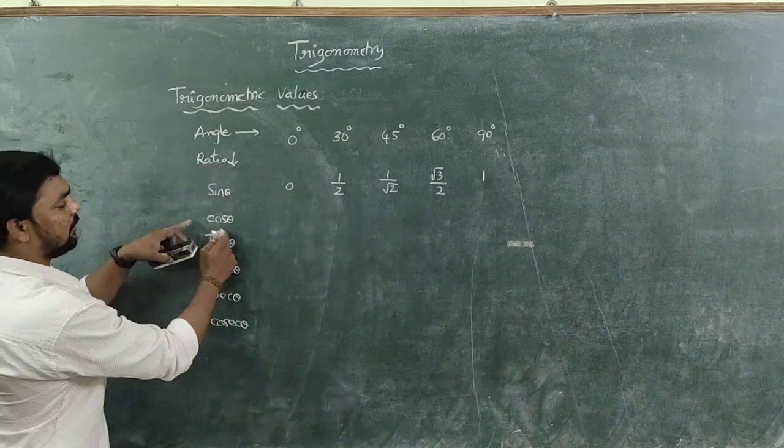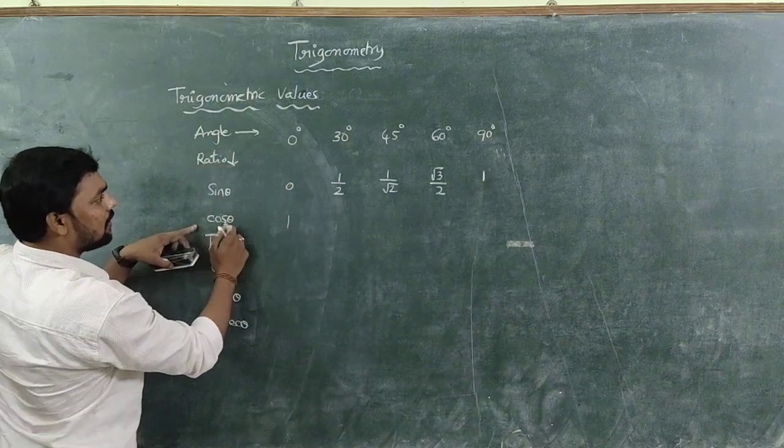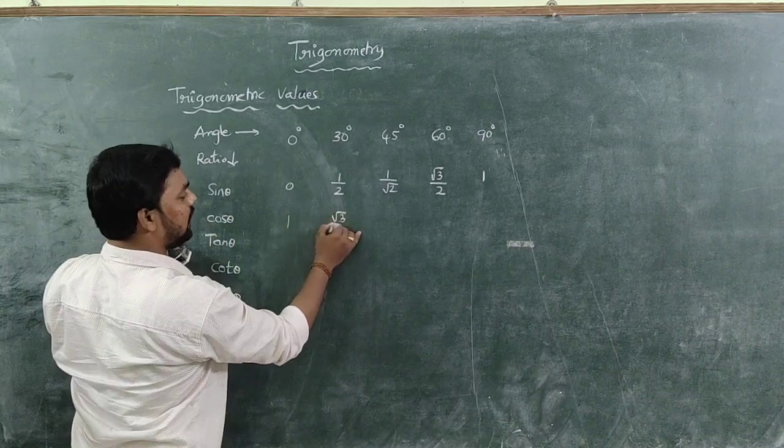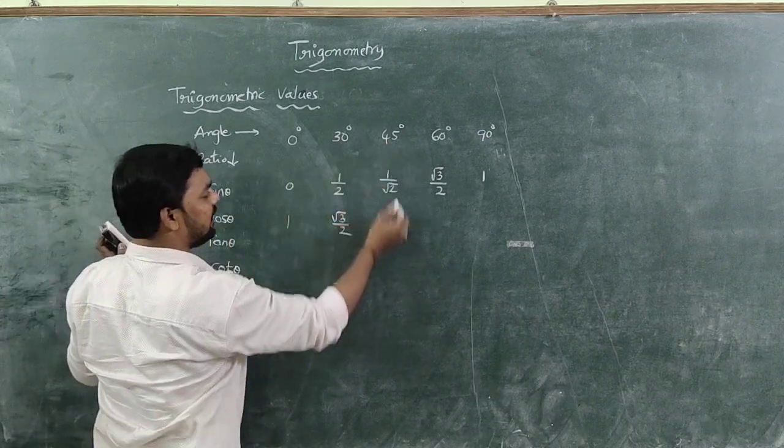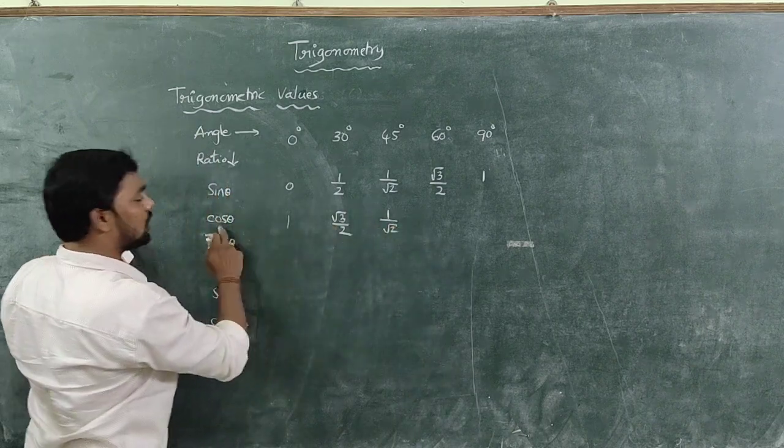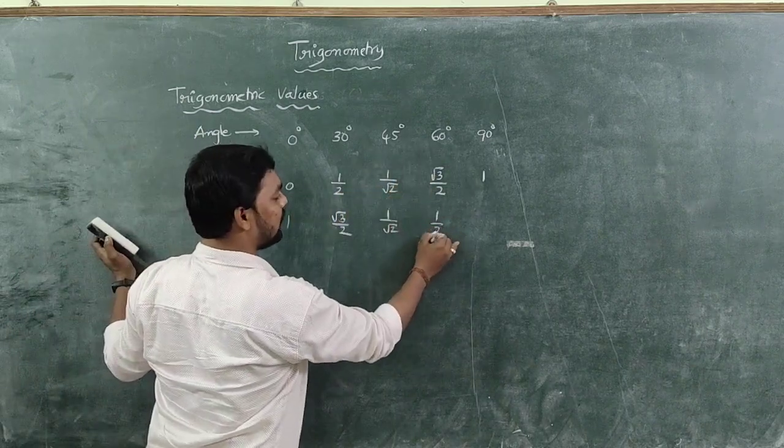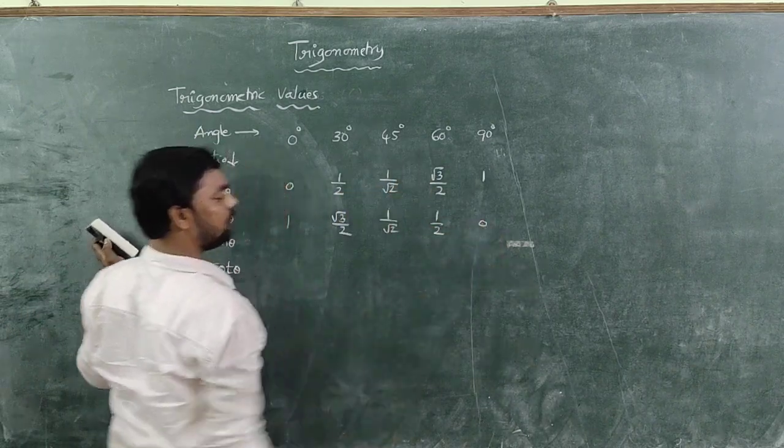Similarly, cos theta: cos 0 is 1, cos 30 is root 3 by 2, cos 45 degrees is 1 by root 2, cos 60 is 1 by 2, cos 90 is 0.